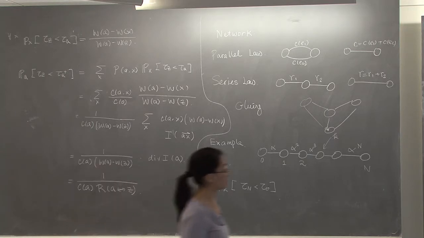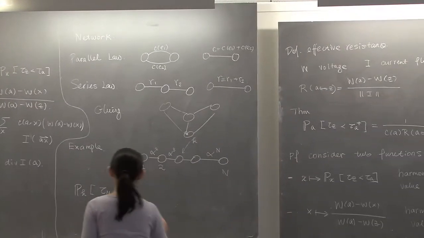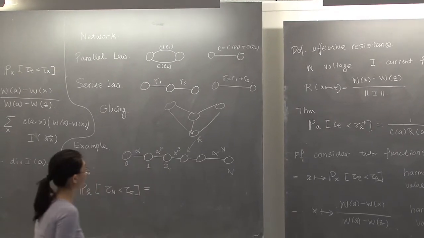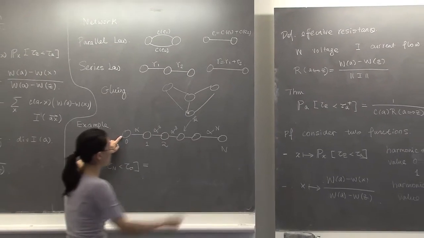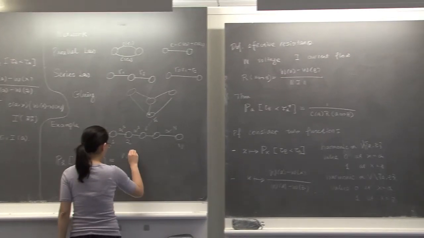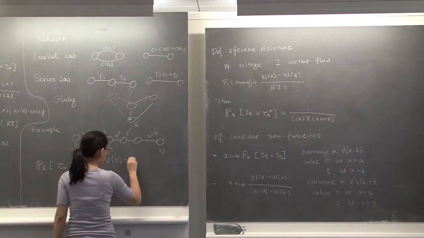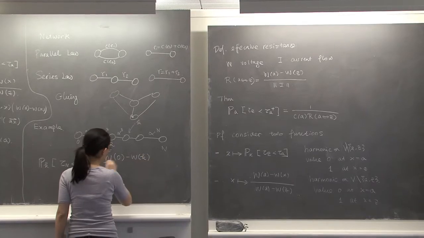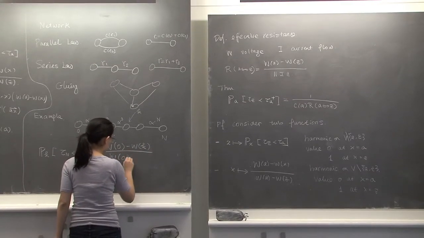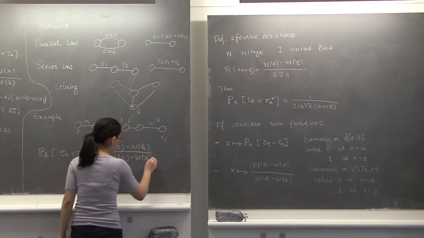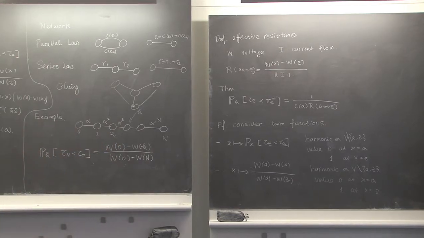From the relation we showed here, if we have a voltage on this network, where this is the source and this is the sink, then this probability equals this function.